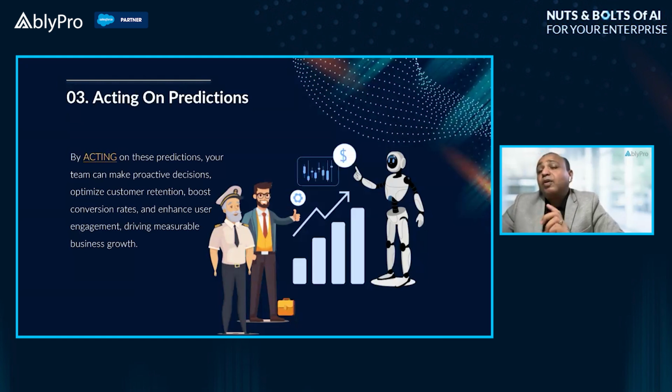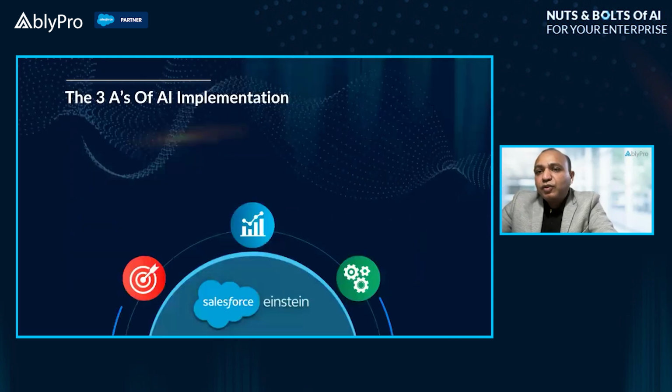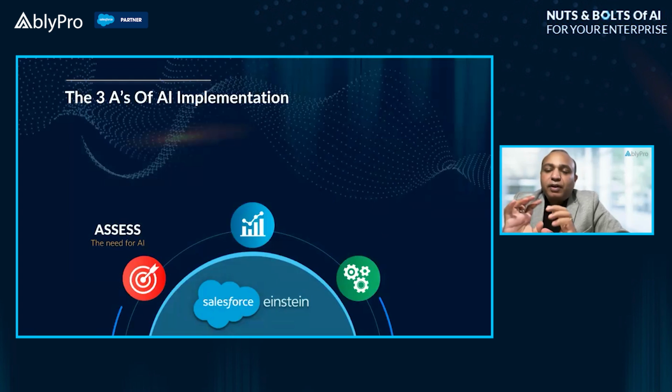Okay, so let's understand and revise what we have done so far. The first step, before any AI implementation: if someone comes to you and says please use AI, it's going to help you, you need to understand how it's going to help you, what your current challenges are, which is assessing the need for AI.